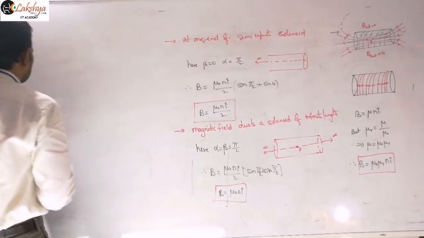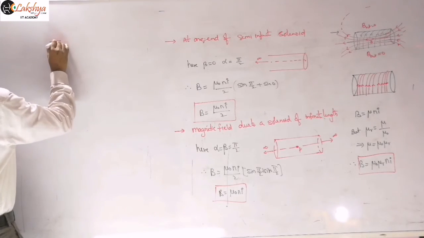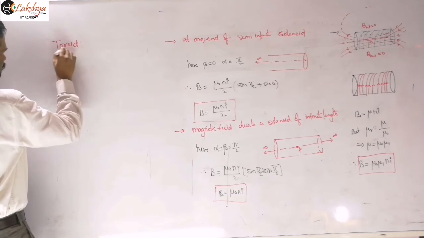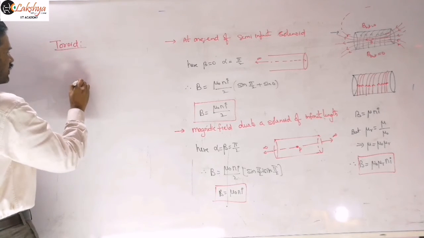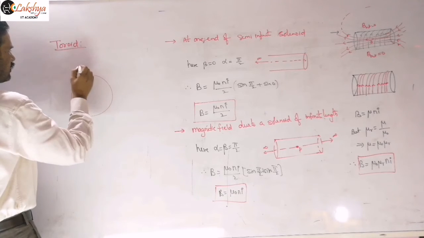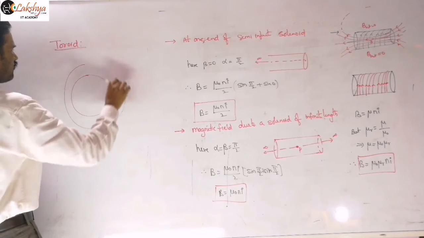So the toroid you can represent like this, just a solenoid bent in the form of a circle.